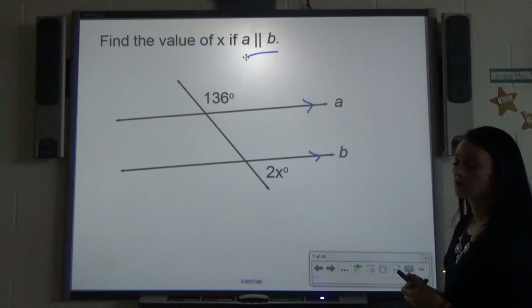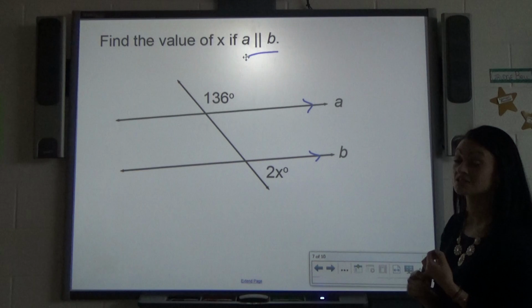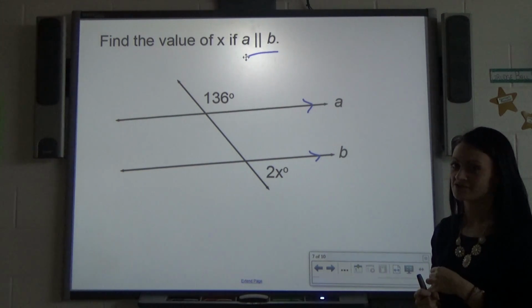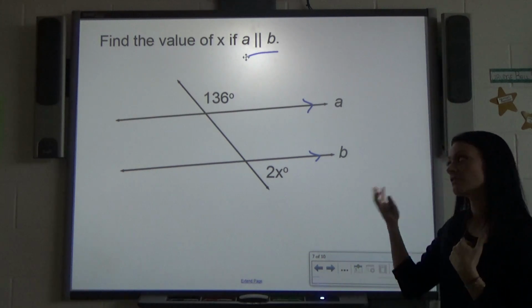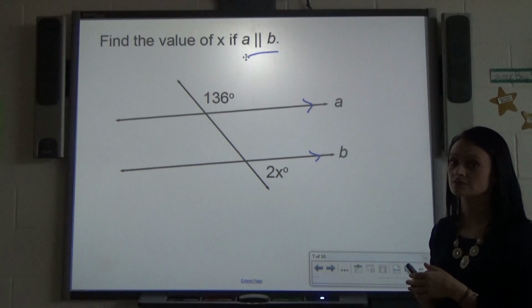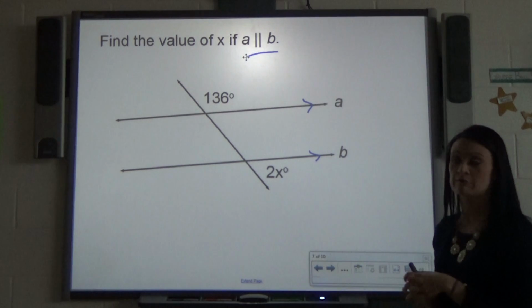Now, these are alternate angles. I'm sorry, these are exterior angles. But they're not alternate angles. They are on the same side. What we just wrote down, or the theorem that we just talked about, is alternate exterior angles, which these are not. So now I need to use my thinking cap.